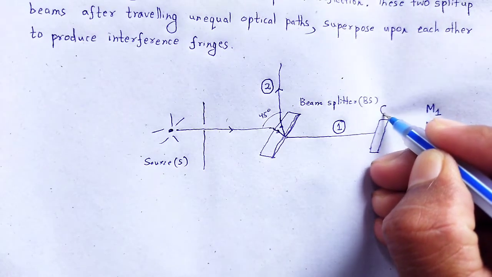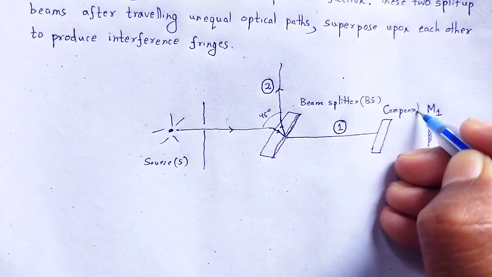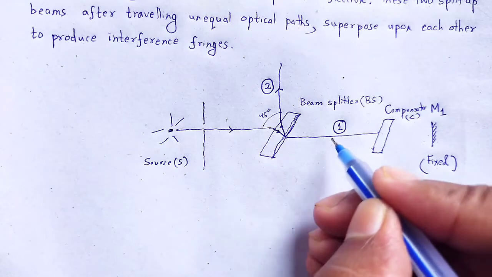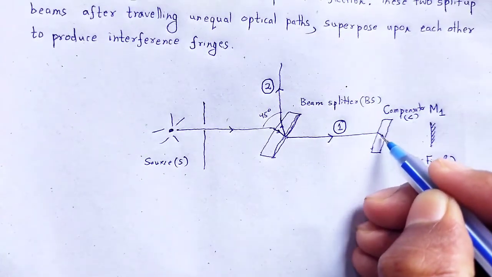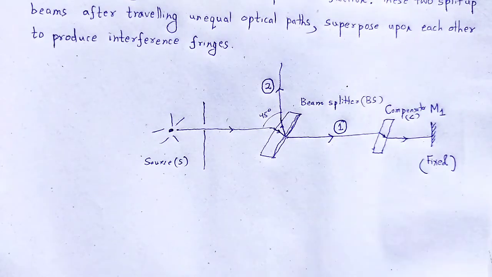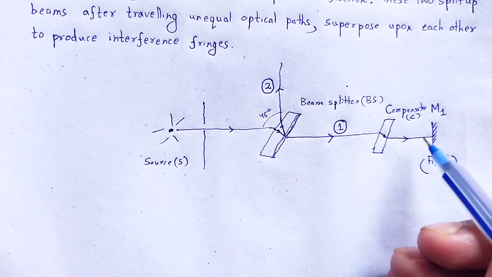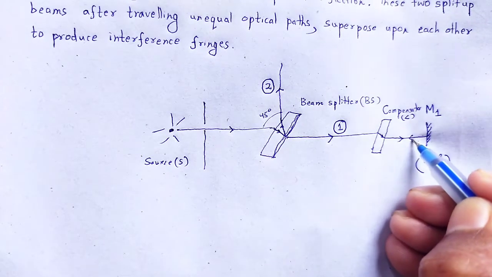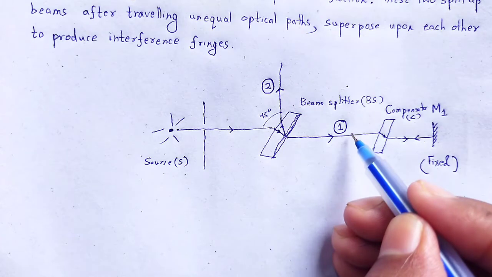That is a compensator C. The light is reflected back towards the beam splitter.